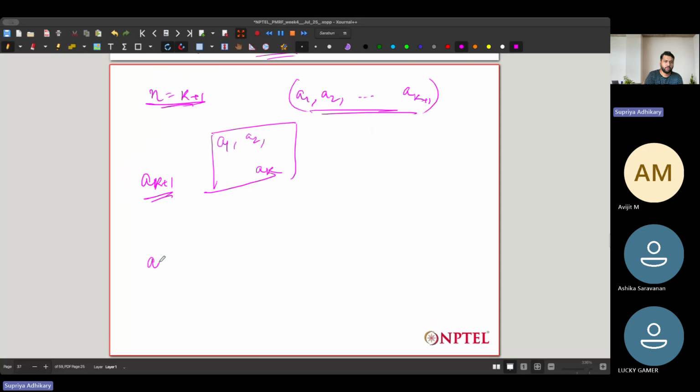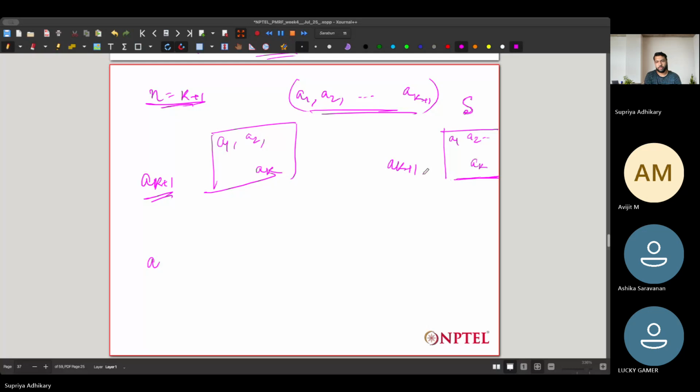One way is that a k plus 1 is a singleton set, and the rest of the elements we call the set S. From those rest of the elements we consider all possible partitions.